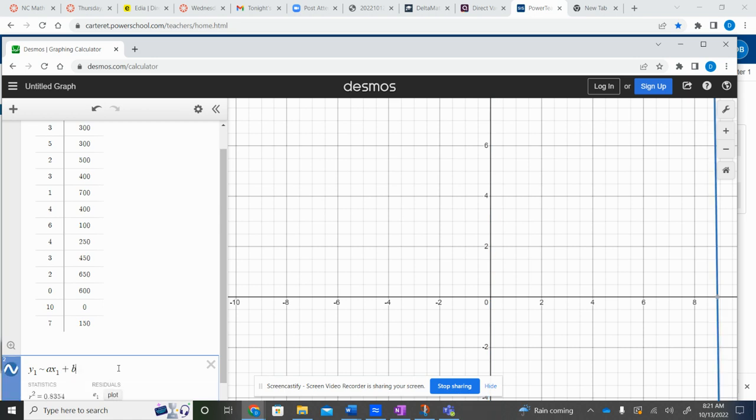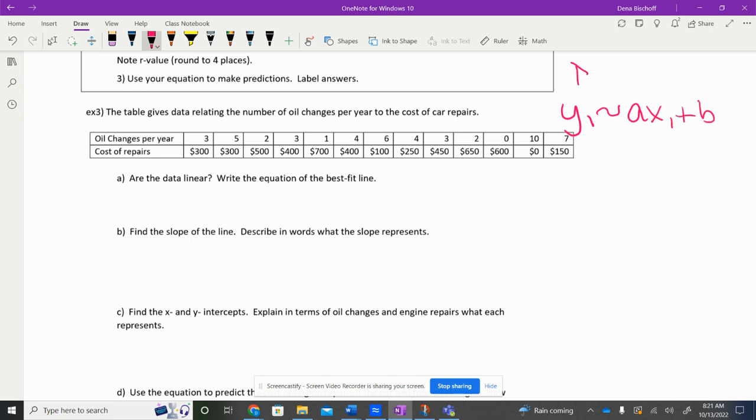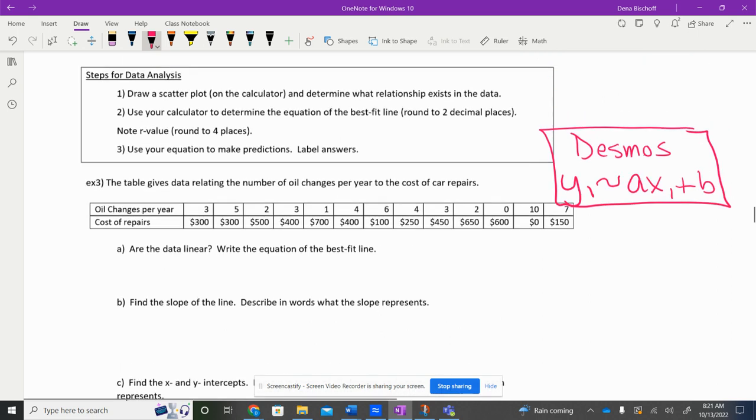Maybe over in your notes. So I'm going to go to notes really fast. I'm going to write y sub 1 is about a x sub 1 plus b, and I'm going to write Desmos here. So that's how I get the linear regression to pop up in my Desmos.